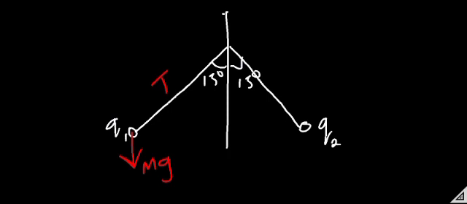So here it becomes Q1 and here it becomes Q2. Calculate the charge on each ball. What you should understand here is that the weight of the ball acts downwards, called mg, and at this side we have tension T, right?